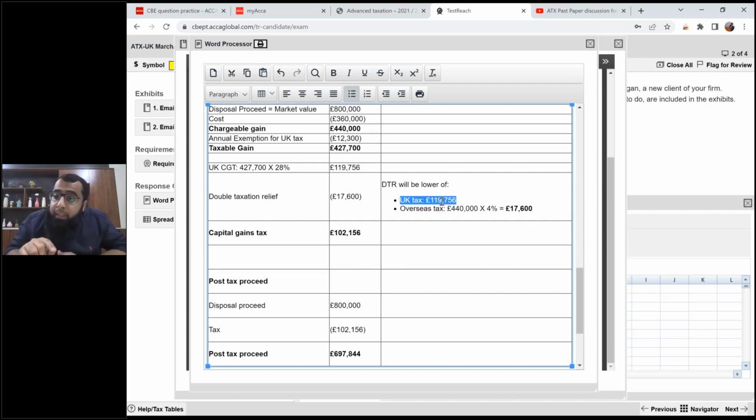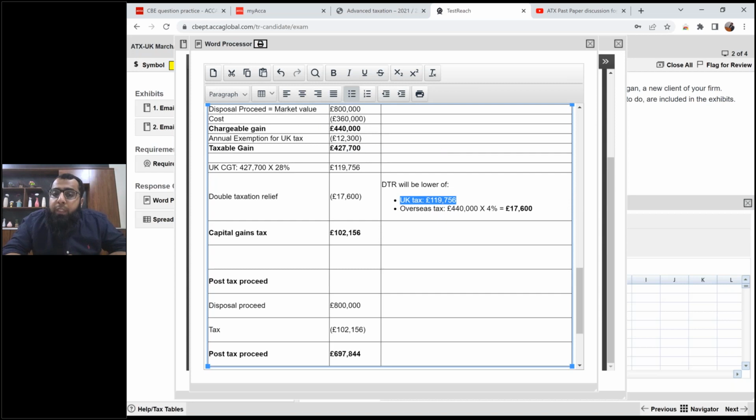If there will be a treaty, the examiner will write in the question that one country will charge tax and one country will exempt it. If there will be a treaty, he will tell you the situation of the treaty. Normally, when there is a treaty, one country will take tax and one country will exempt it.